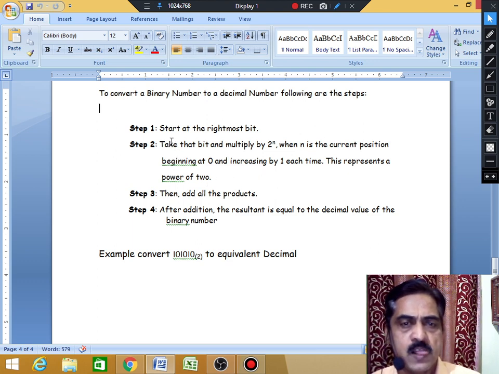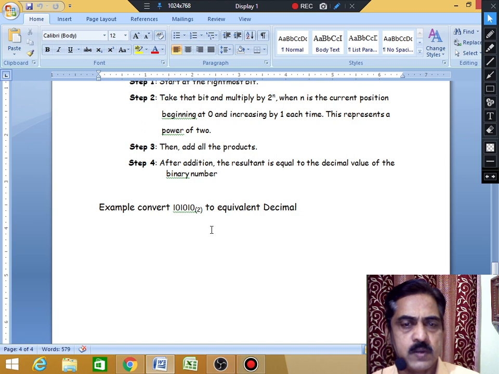First step is start at the rightmost bit, take that bit and multiply by 2 to the power of n, where n is the current position, beginning at 0 and increasing by 1 each time. This represents a power of 2. Third step, then add all the products. Fourth step, after addition the result is equal to the decimal value of the binary number.